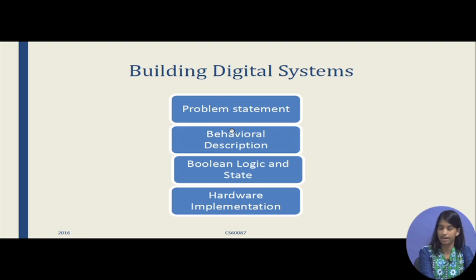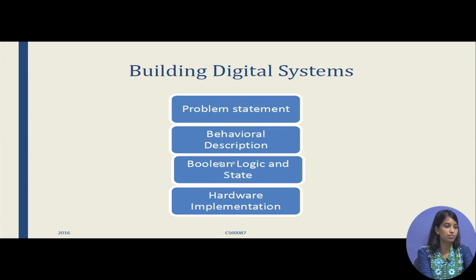So the problem statement is converted into a behavioral description, and then once we have the algorithm, the flowchart, the state descriptions and all, we convert it into Boolean logic and state. What I mean by this is the behavioral specification is converted into a set of equations or a circuit schematic, so that we can put it onto a real physical device, an electronic device.